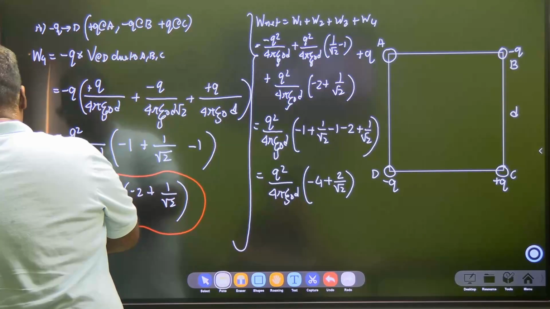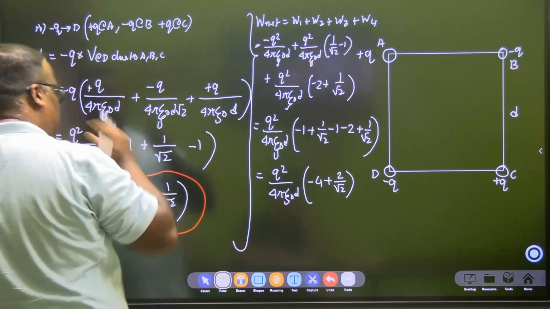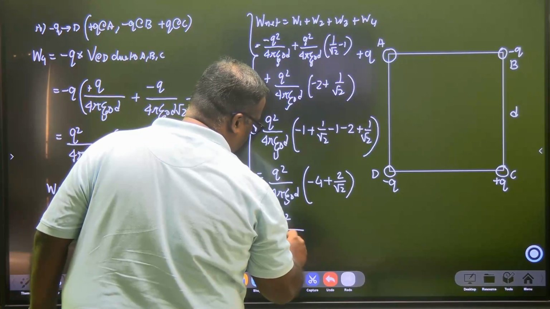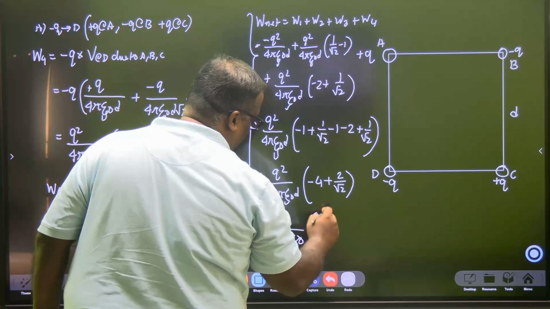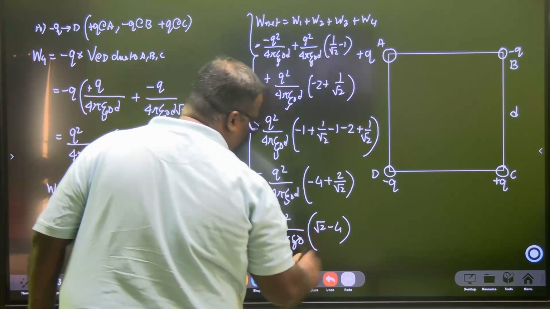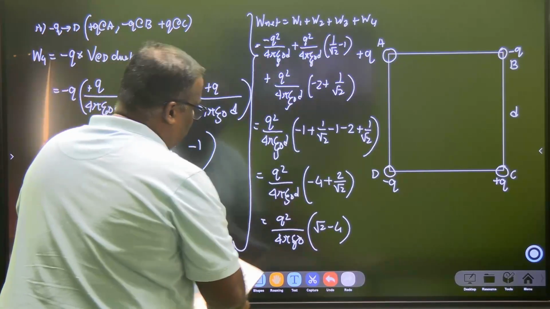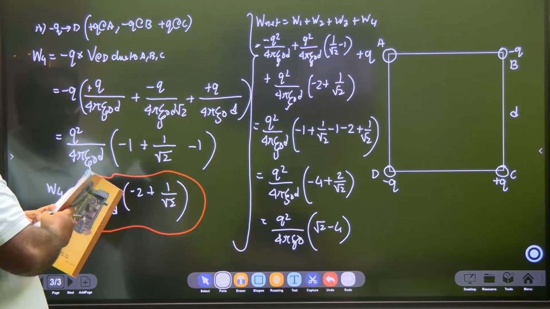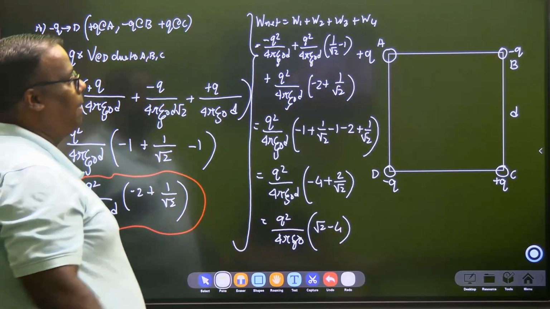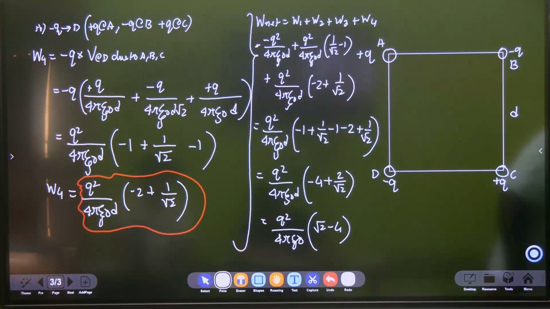Negative 4 plus 2 by root 2, which finally becomes q square by 4 pi epsilon naught d times root 2 minus 4. So the answer is root 2 minus 4. The book has shown a negative q square outside; we have done it only with q square, the answer is all the same. This is the total energy required to make this configuration.